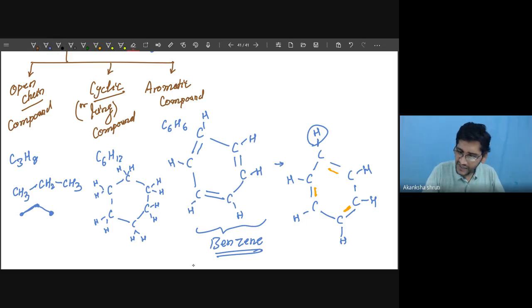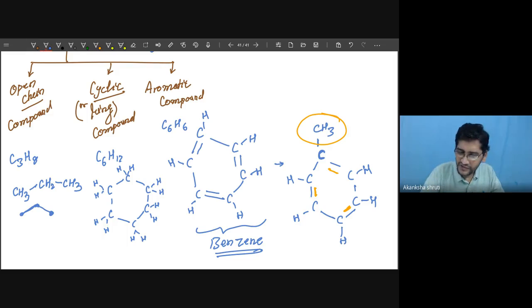Say, considering the top hydrogen, I'm going to remove this hydrogen by another CH3. What is that CH3? This CH3 is attached with one of the carbons of the benzene ring. So this CH3 at the top is outside this ring. Keep in mind, student, this is outside this ring.